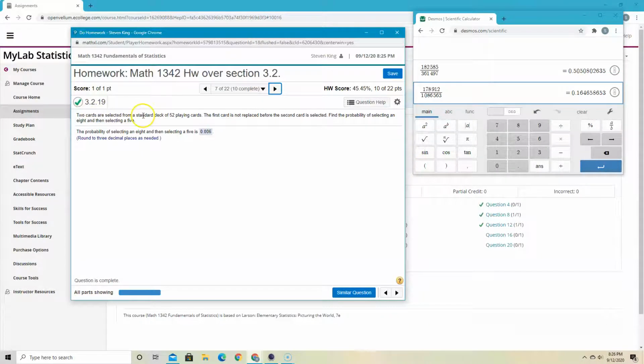Two cards are selected from a standard deck of 52 playing cards. The first card is not replaced, like I mentioned, before the second card is selected. So find the probability of selecting an 8 and then selecting a 5.